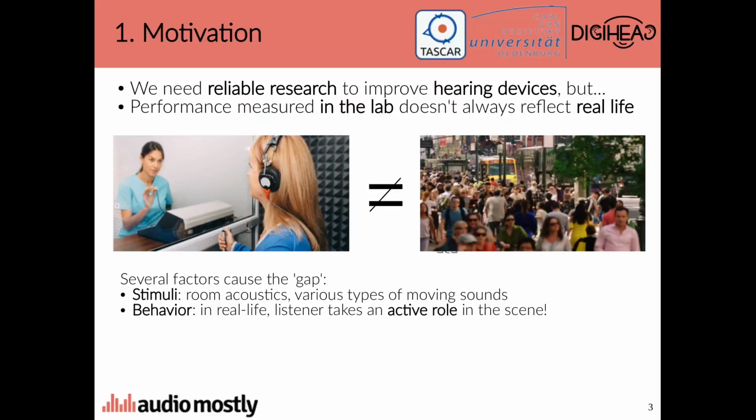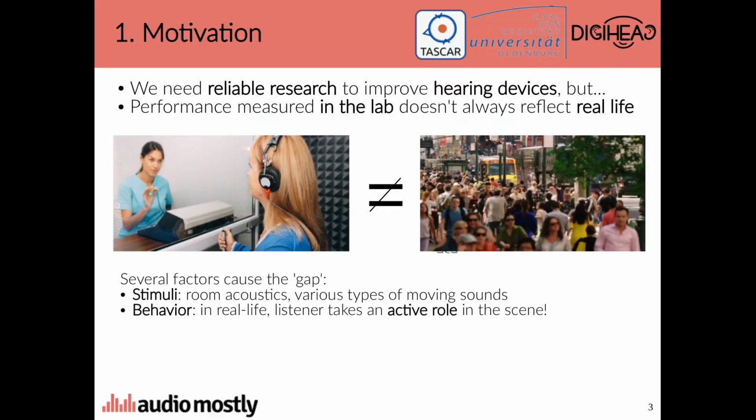For example, the room acoustics will not be really taken into account, and also on the street there are various types of moving sources, dynamic scenes, which will usually not be simulated in the lab. So the stimulus itself is an important factor that makes those two environments very different.